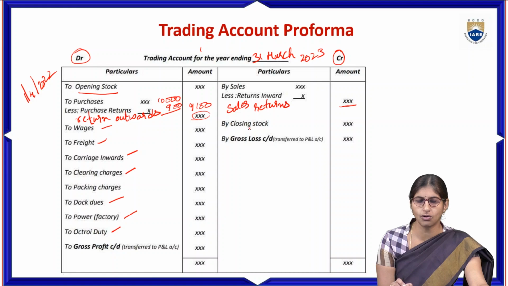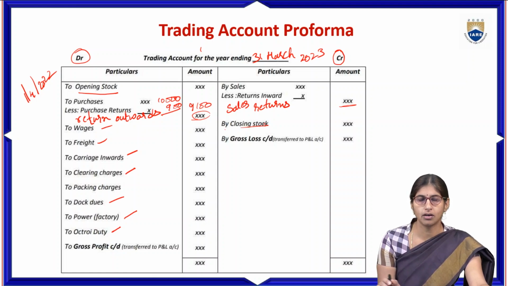This closing stock is not going to be given in the trial balance. Closing stock is always an adjustment, because after closing all the books of accounts for the year ending and preparing the trial balance, the inventory or the stock will be valued. So closing stock is always an adjustment, and we are going to discuss adjustments in later sessions.